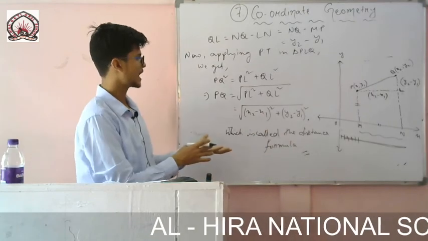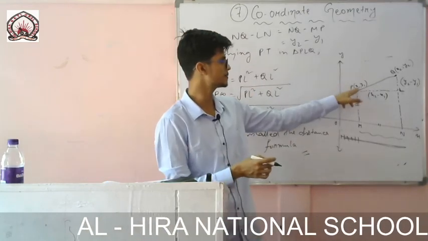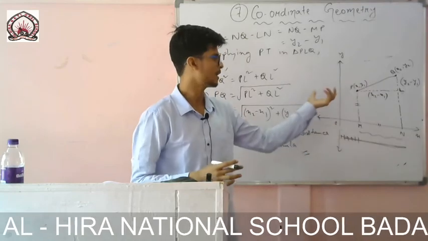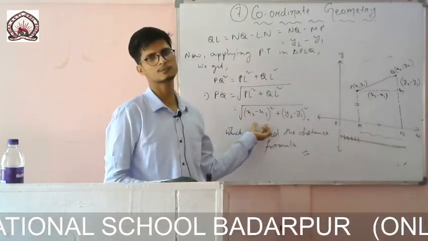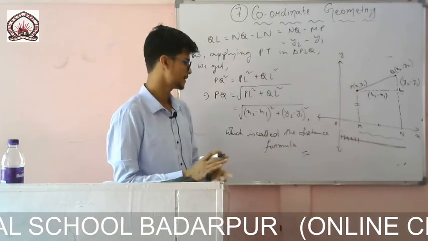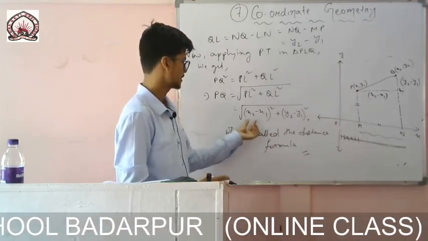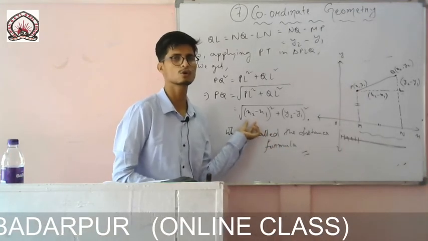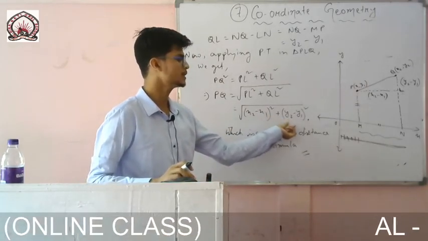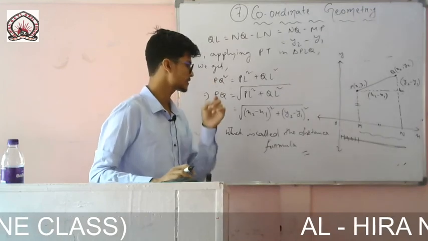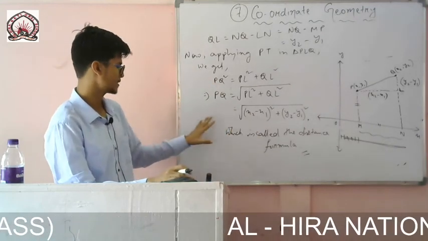If anyone gives, rather than giving the points like this, directly numbers like 1, 2 and 5, 6, then by using this direct formula you can easily find the distance between 2 points. The formula is root over x2 minus x1 whole squared plus y2 minus y1 whole squared. Those who have a problem remembering it can arrange it and write it nicely.